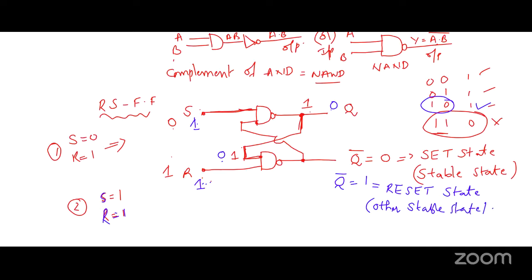Is it clear? Like that 0 1, 1 1, 1 0, 1 1, you haven't completed this. 0 0, 0 1. The different conditions, cases you may apply. So which one is the set state and which one is the reset state, you can easily find out.